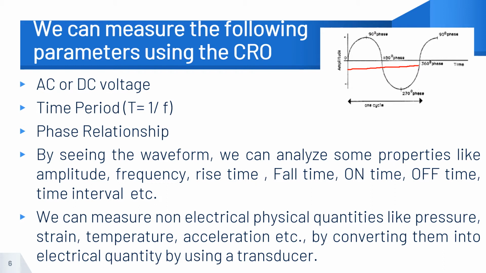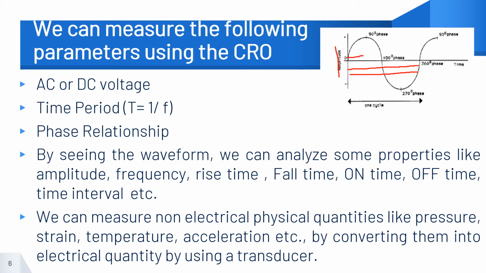By seeing the waveform, we can analyze some properties like amplitude, frequency, which is measured as the reciprocal of time period, rise time, the time taken by the waveform to rise from 10% to 90%, and fall time, the time taken by the waveform to fall from 90% to 10%.